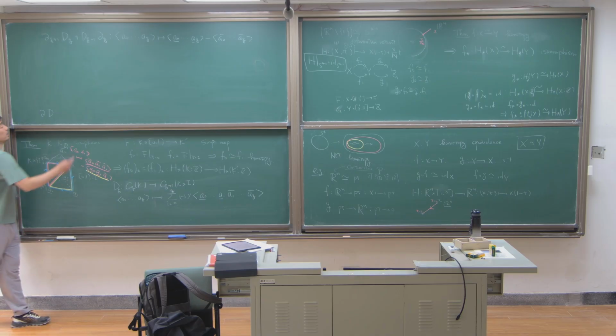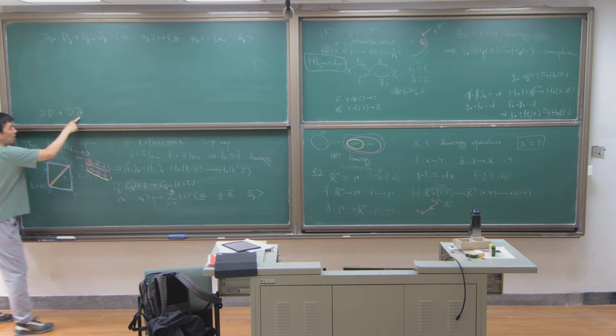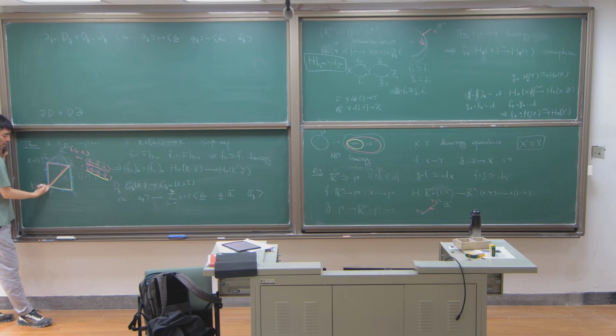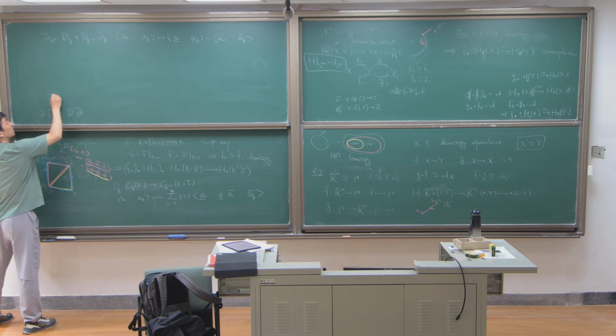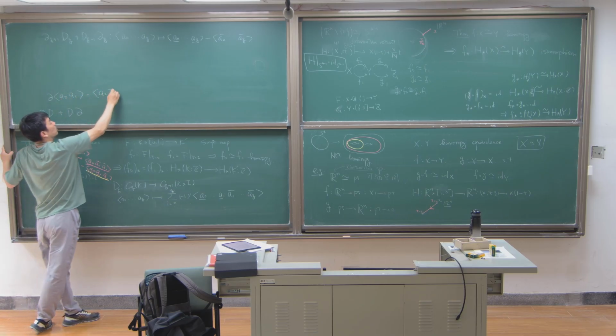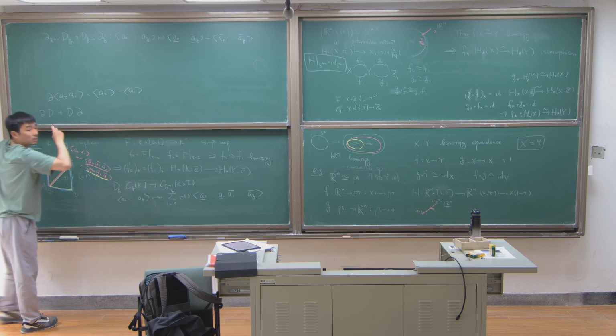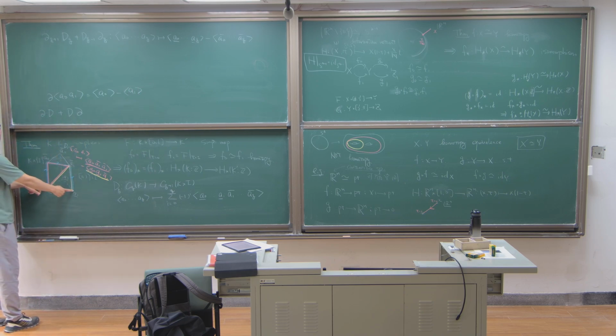On the other hand, if you take the boundary first, what's left is A0 and A1. The boundary of A0, A1 is A0 minus A1, so these two points.